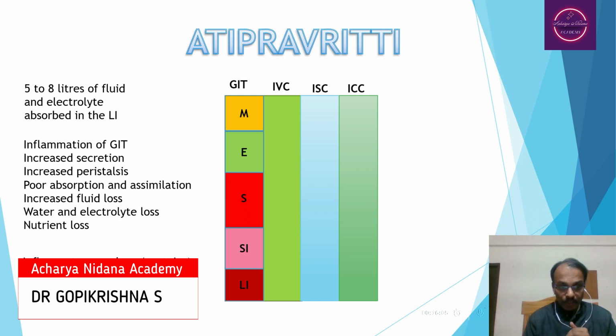Because of the poor absorption and assimilation, increased fluid loss may occur. Whenever there is increased fluid loss, there will be loss of water and electrolytes, in the form of sodium and potassium.